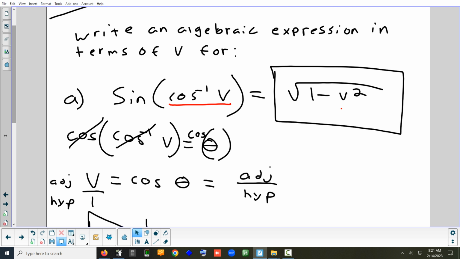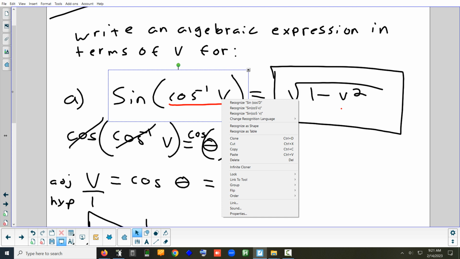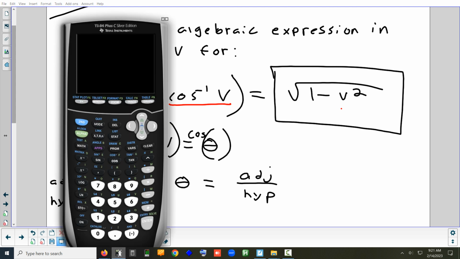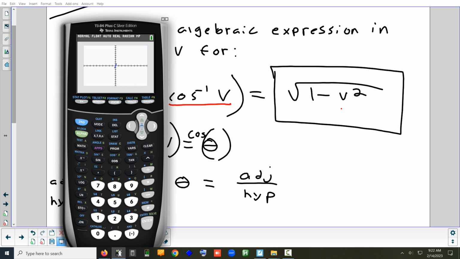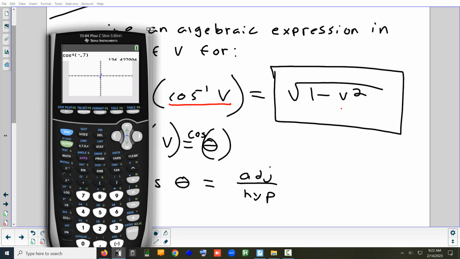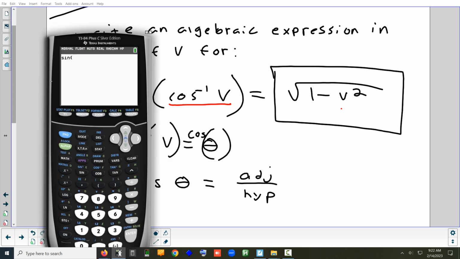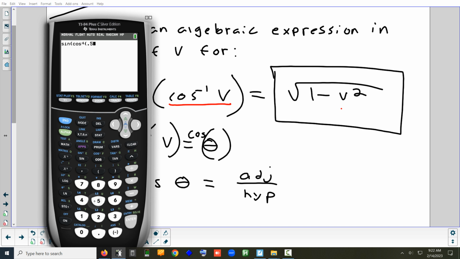Let's try a number for v. Give me something between -1 and 1, otherwise it won't work. What's a number between -1 and 1? Pick any random number you want. 0.5. Okay, so if I take the sine of the inverse cosine of 0.5, that's what I get, 0.866.